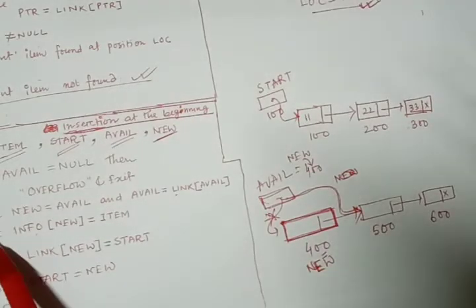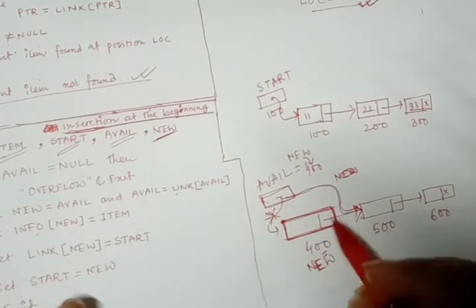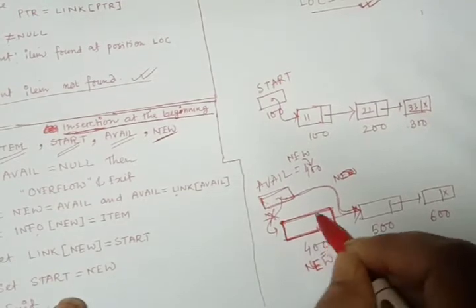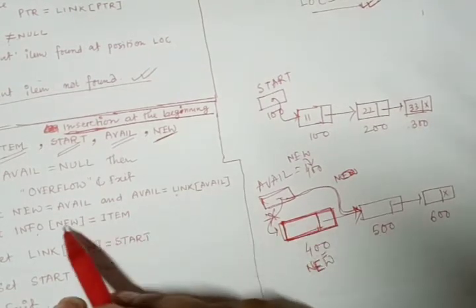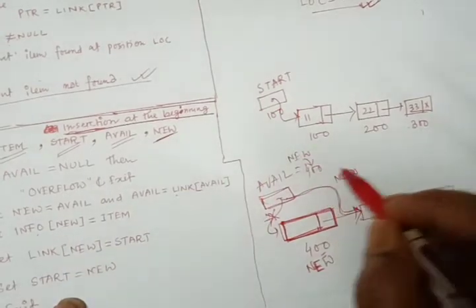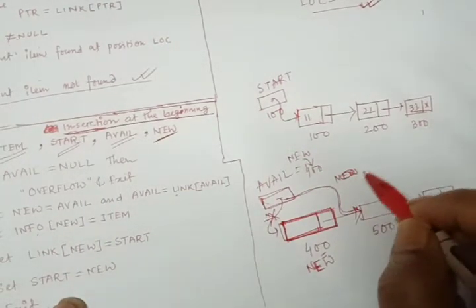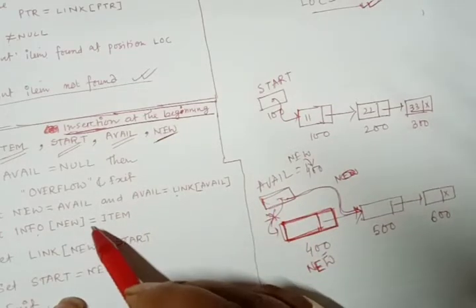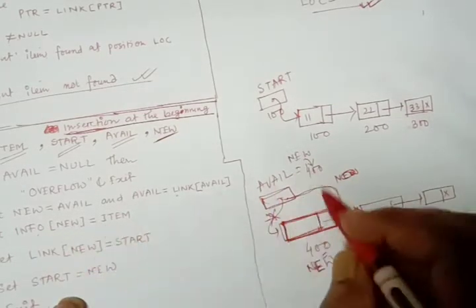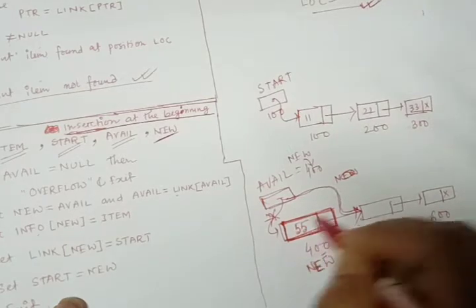Now next, here see set info of new. The information part of new at 400 is blank. So you put an item. Suppose the new item that we want to insert is say 55. So info of new equal to item, so you put 55 here.